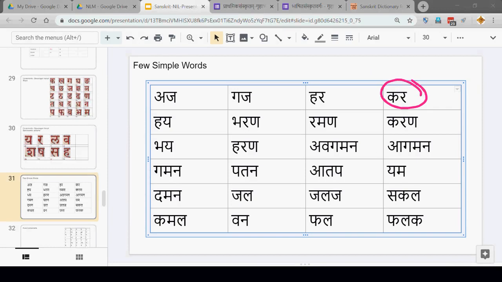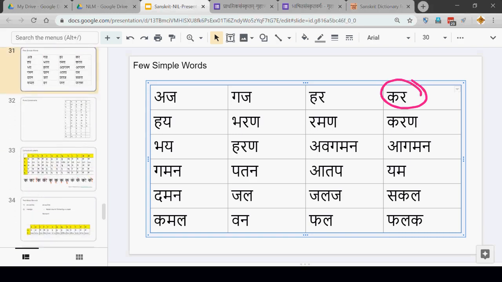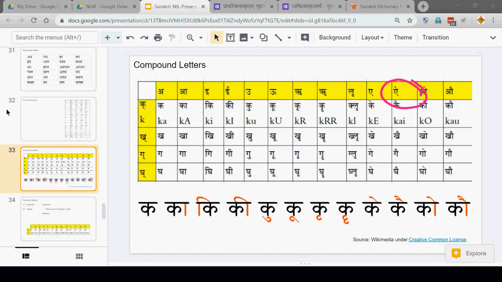So we open the room inside your throat a little bit wider there. Ka, karma, kara. So there should be a difference while pronouncing these two consonants.